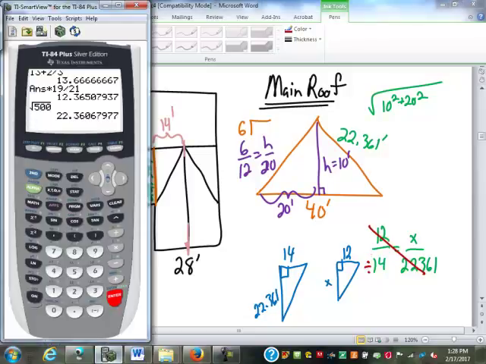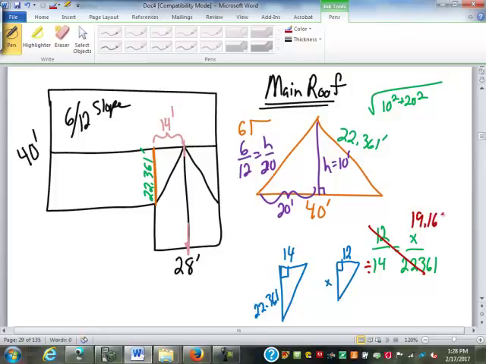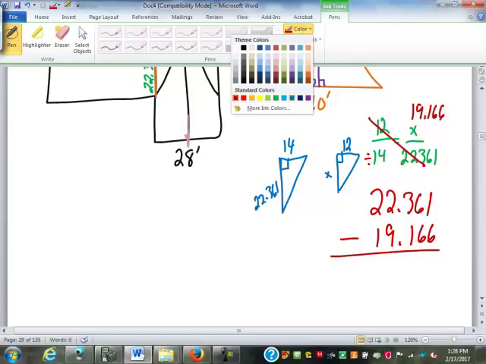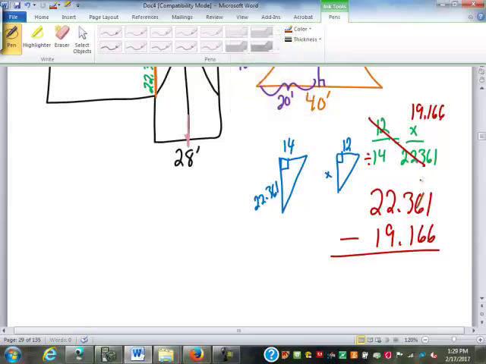So 22.361 times 12 divided by 14 is 19.166. So we have a decrease: 22.361 minus 19.166 is 3.195.